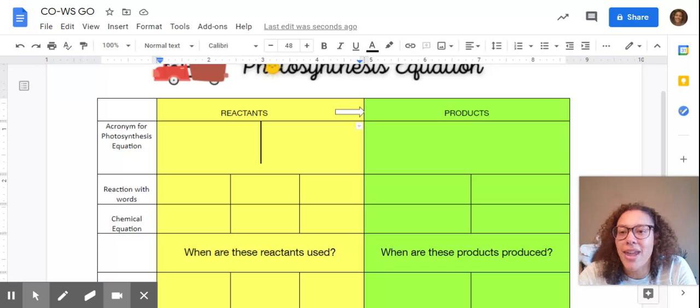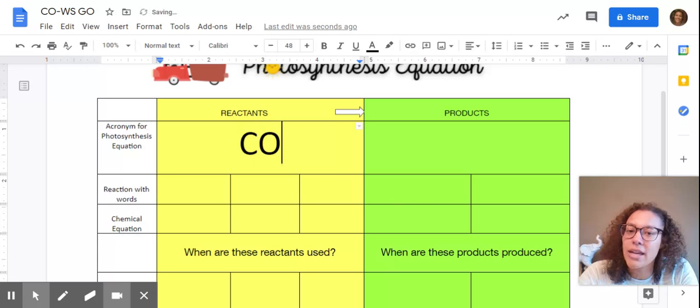So my acronym for photosynthesis is going to be cows go. Let's see. I'm going to start with my carbon dioxide, and then I'm going to add water and sunlight.